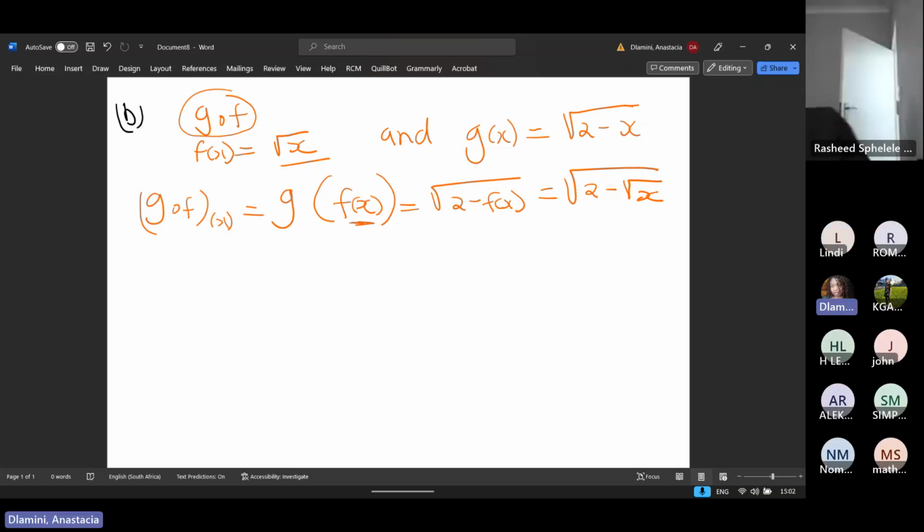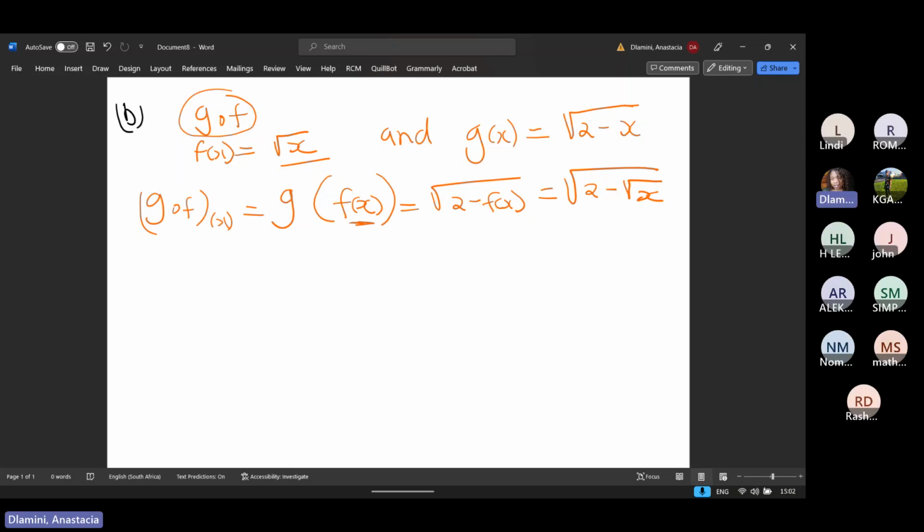You're still making the same mistake as previously. What did we say? Aren't you supposed to first find the domain of f at x? Why f of x? Why not g of x?